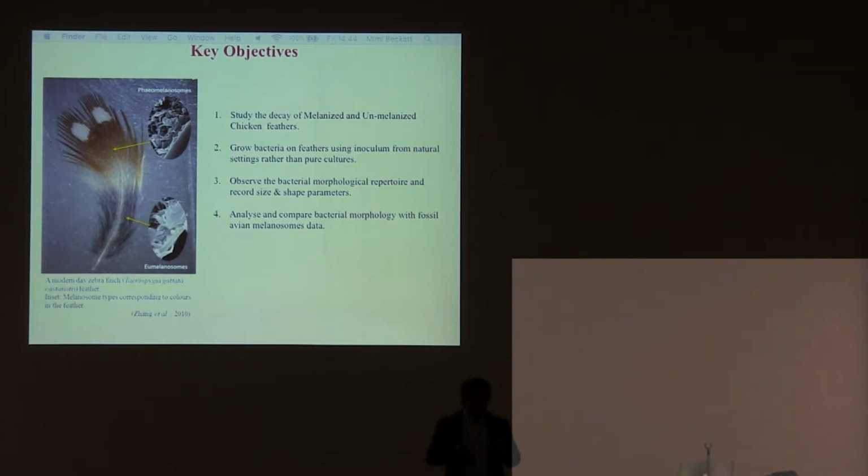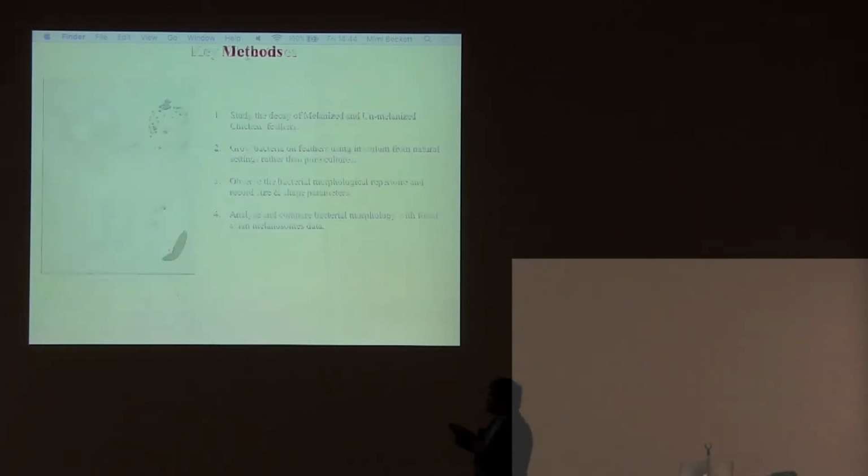That means we observed how many different types of bacteria were colonizing the feather, and then we recorded the size and shape parameters in terms of long axis and short axis, and then we calculated the aspect ratio, which is a standard for melanosomes, I'm led to believe. All this was done to analyze the bacterial morphology in the context of some fossil avian melanosomes.